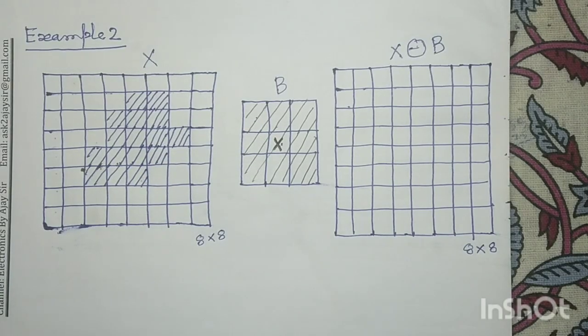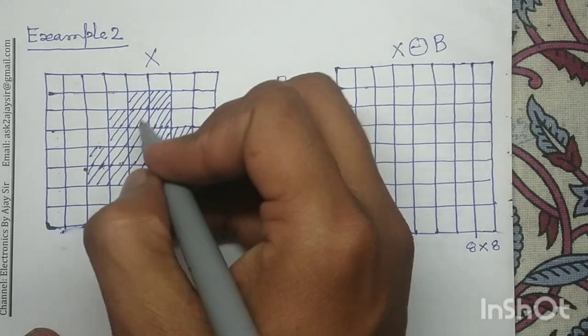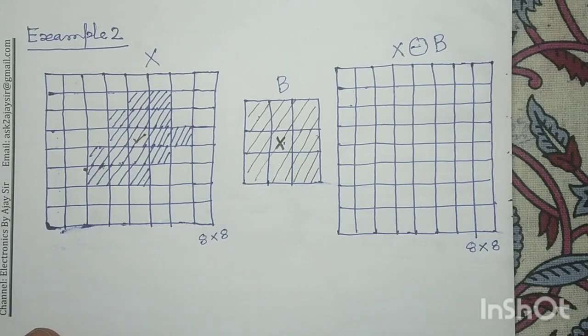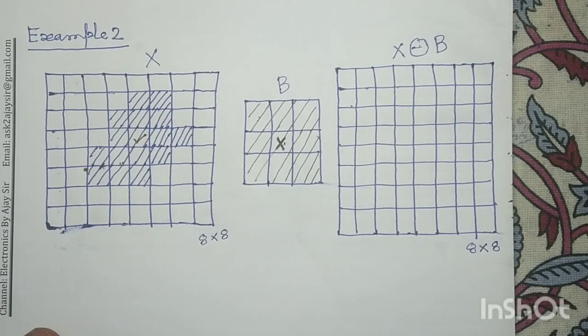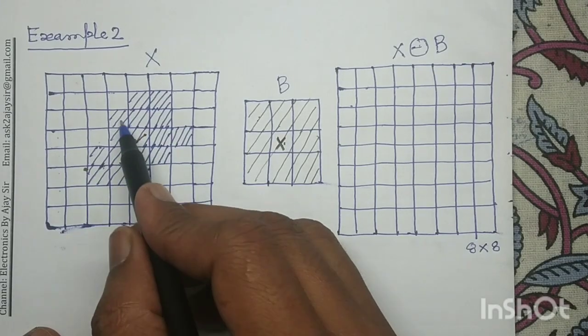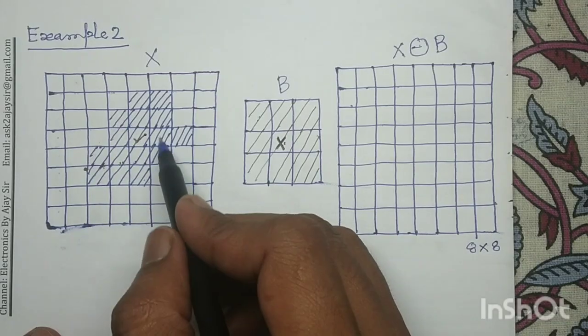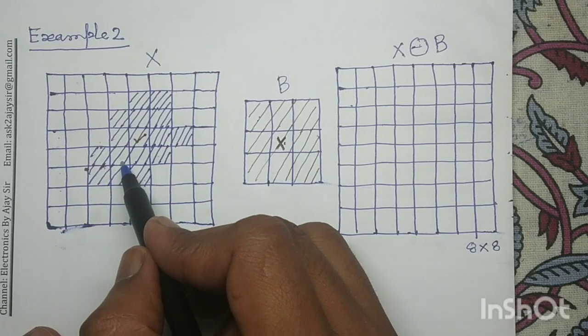So if you search this condition in this input image X, only one pixel will satisfy the criteria, and this is this pixel. For this pixel only, the center pixel value is logic 1 and the 8 neighborhood pixels also have the logic level 1.